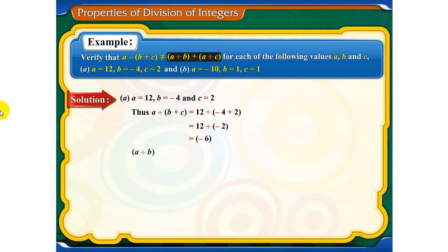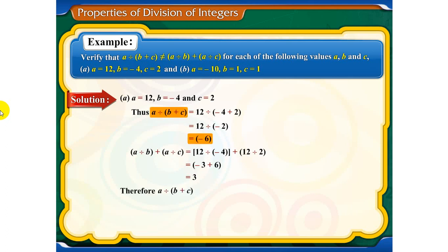Now, A divided by B plus A divided by C equals 12 divided by minus 4 plus 12 divided by 2, which equals minus 3 plus 6, which equals 3. Therefore, A divided by (B plus C) is not equal to (A divided by B) plus (A divided by C).